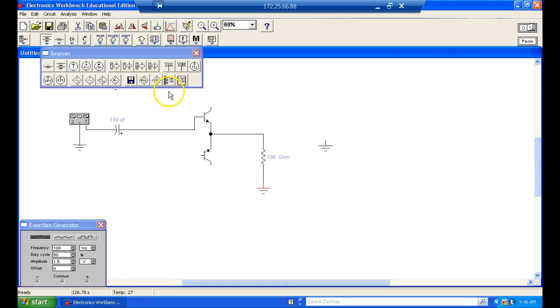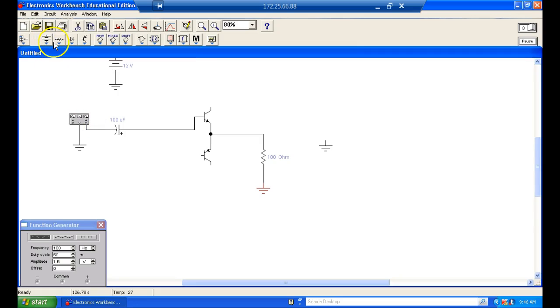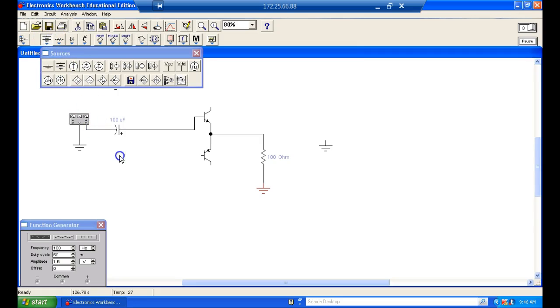So on the bottom one, since it's a PNP, we usually use it to control a negative power supply, right? And then we'll come up here.